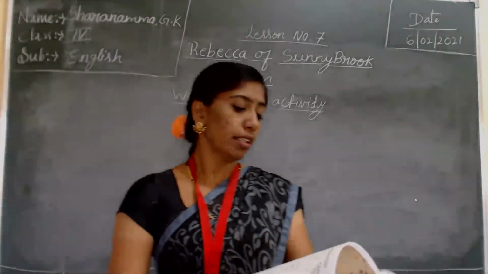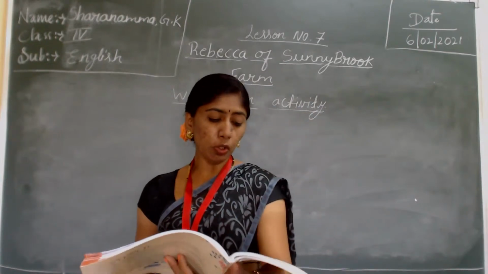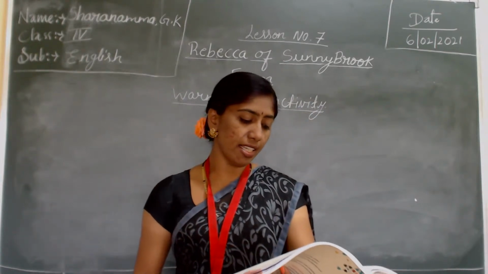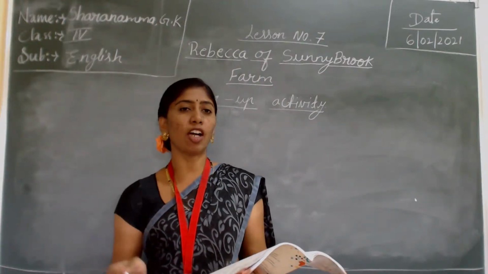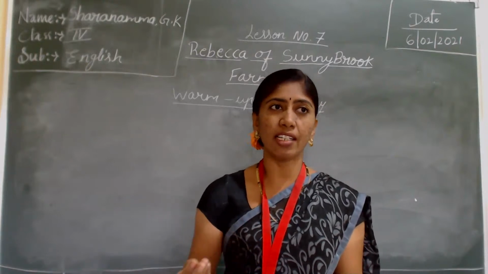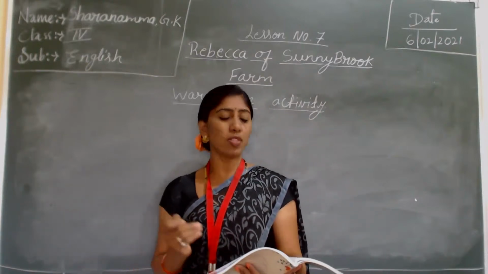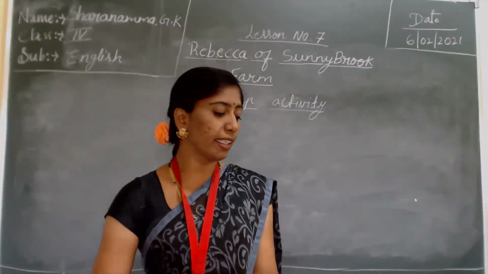And below they gave: do you know if all these vehicles are in use nowadays? Here the author is asking whether we are using these vehicles nowadays. Of course, we are using these vehicles in our daily lives.